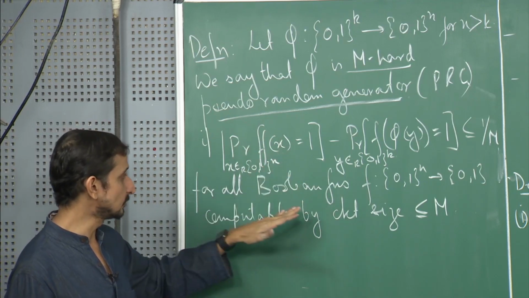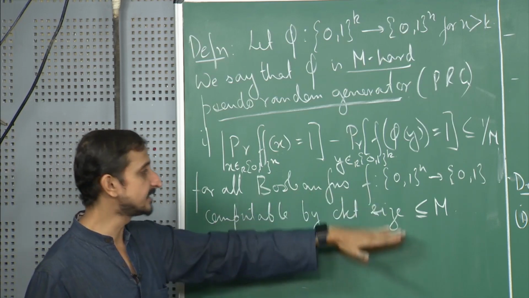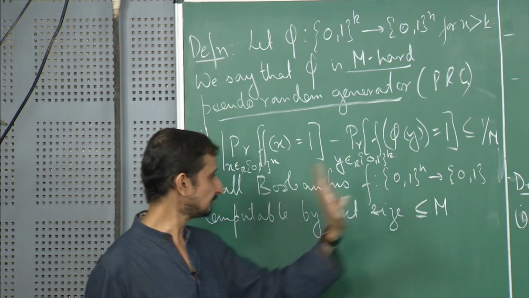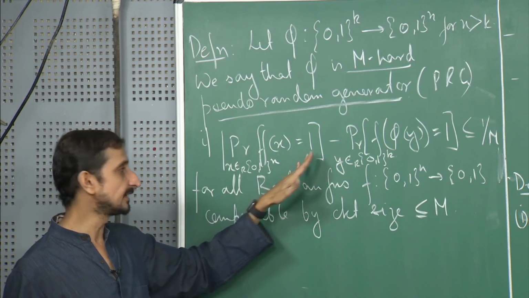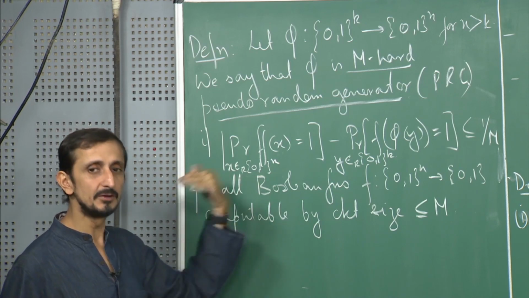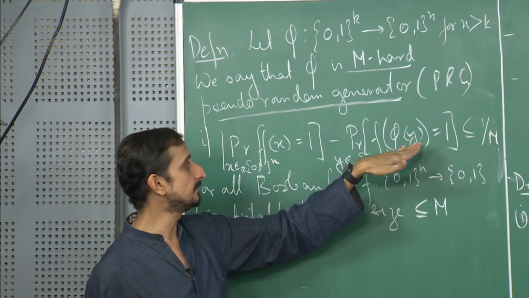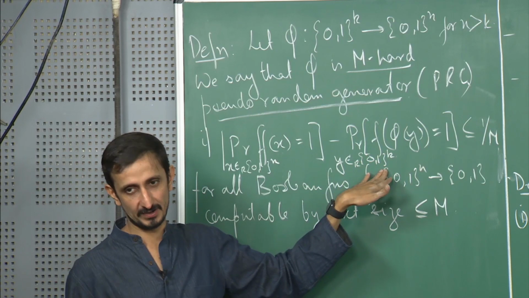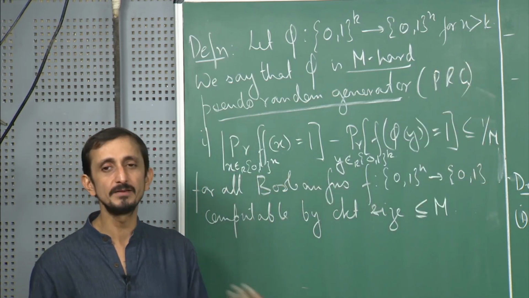So if I have a efficient Boolean function f, in other words, think of m as some polynomial, and the function f is not able to distinguish between a string that is chosen from the uniform distribution versus a string that is generated by the function phi from the distribution {0,1}^k. Okay, and typically this k is smaller than n. So k has to be smaller than n.